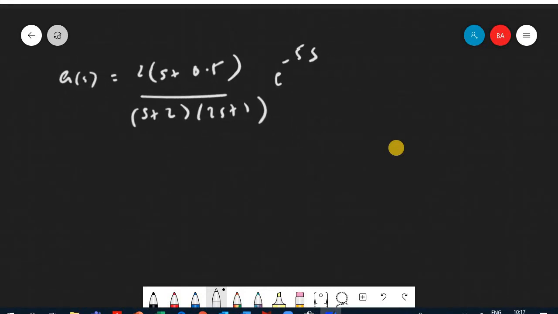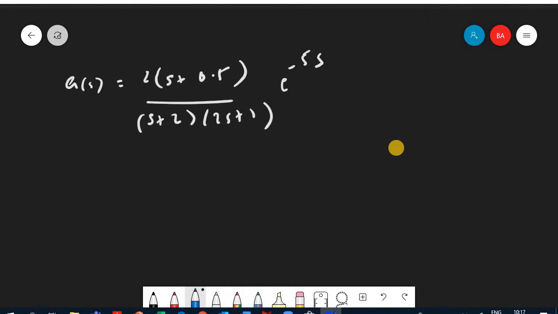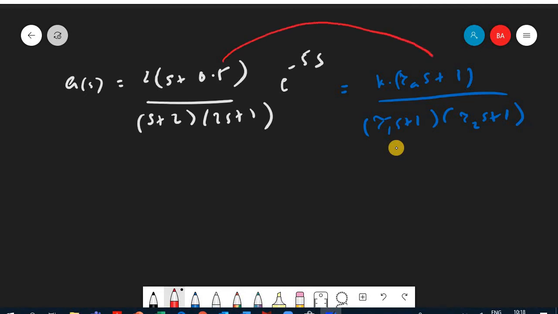And what is the standard format? Just to get the idea and remember that: it is equal to K(τa s + 1) over (τ1 s + 1)(τ2 s + 1). If there are more, there will be more (s + 1) terms. The only thing I can see that I need to standardize is that 0.5 here, which is not plus 1. In order to do this, we can take 0.5 as a common factor.